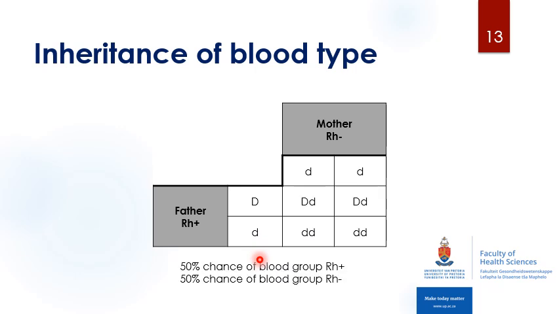So in this example, you have a 50% chance of producing a child that is rhesus factor positive and a 50% chance of producing a child that's rhesus factor negative. But all the children will carry this recessive phenotype even if they are rhesus factor positive.